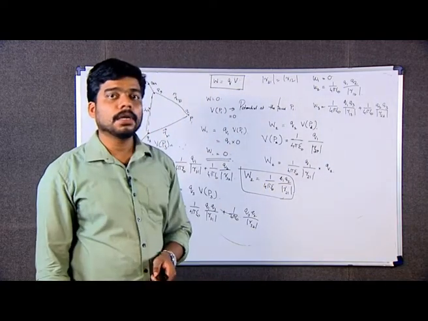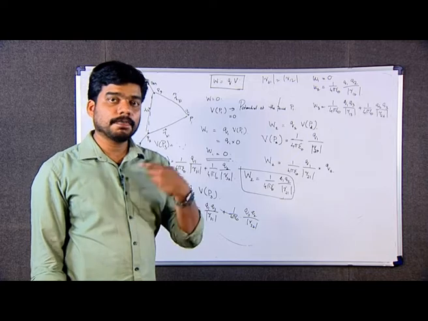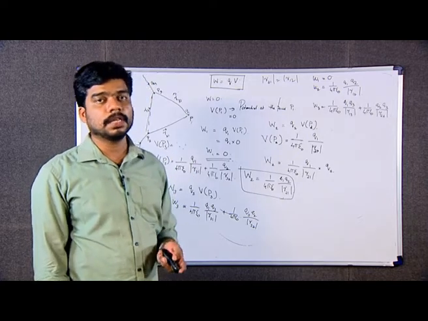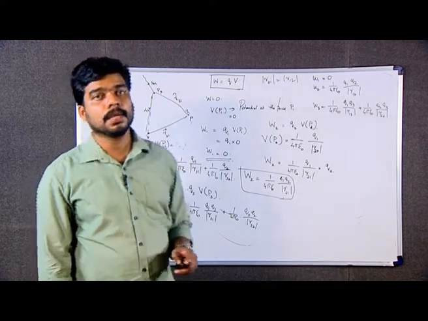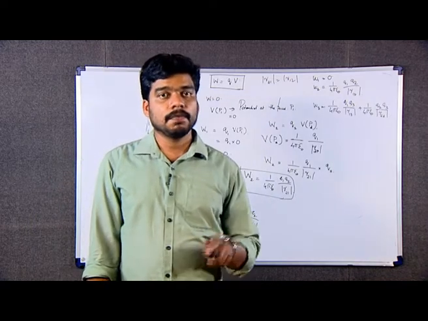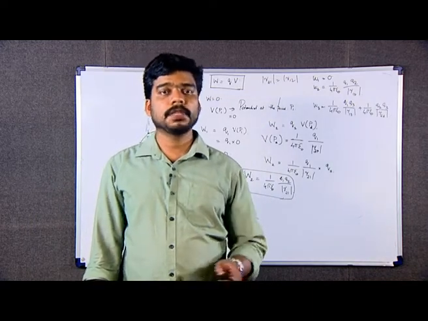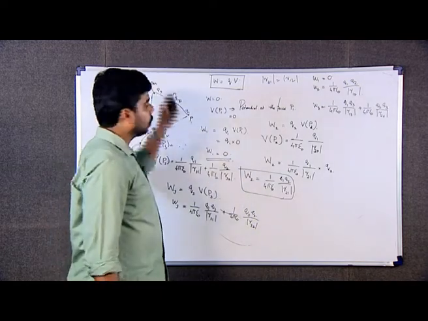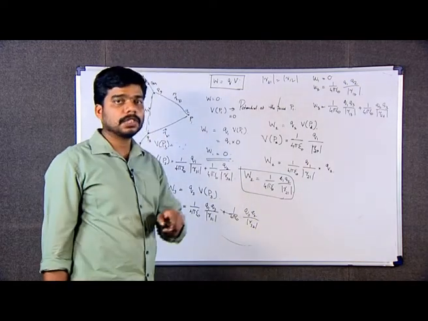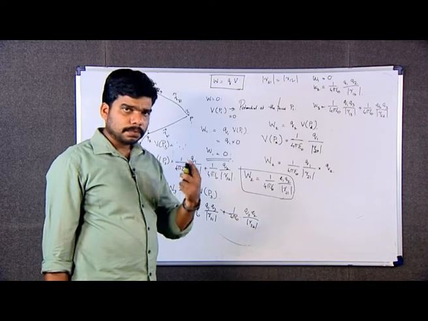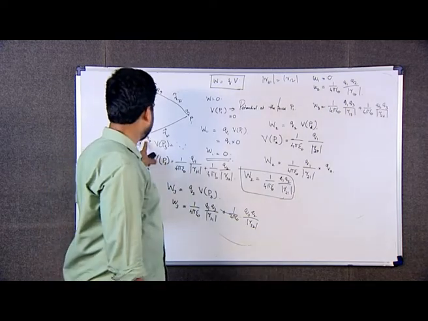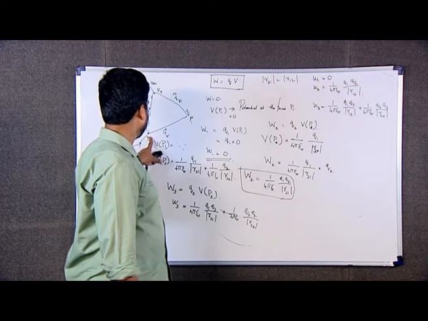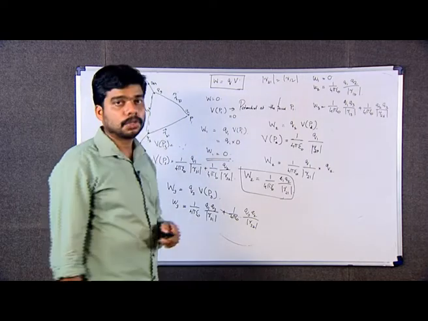What if I want to find out the work done in assembling a fourth charge? Vp4 will be V14 plus V24 plus V34. The extra term will come because there will be another charge P3. So, that charge will experience a potential due to the 3 charges, that is Q1, Q2 and Q3.